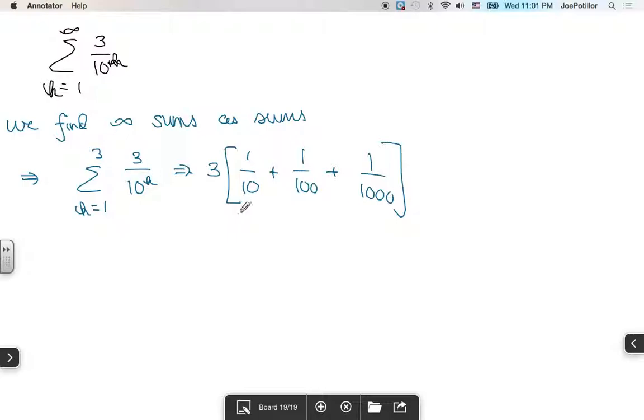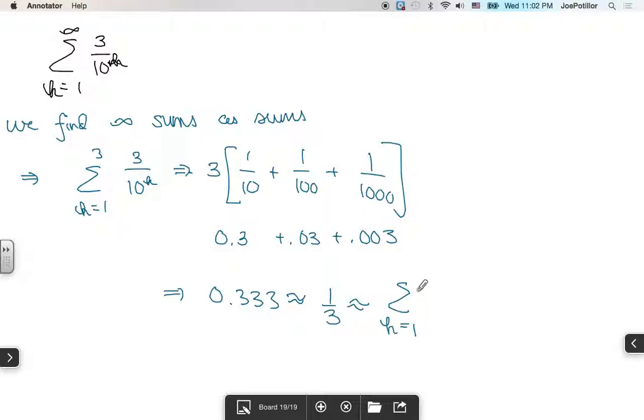And if you notice, these all vary by a factor of 10: 0.3, plus 0.03, plus 0.003. And if you add these 3 together, you get 0.333, correct? Once you've done that, you can approximate that as 1/3, which is approximately the sum of k equals 1 to infinity of 3 over 10 to the k. Easy enough?